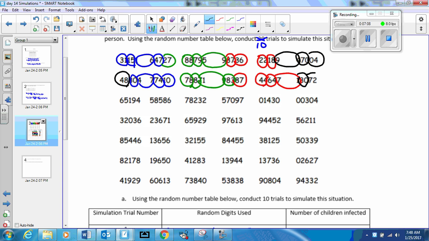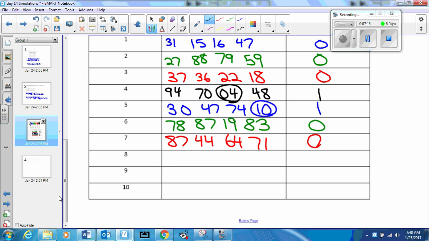Next, 80, 72, 65, 19. Writing down 80, 72, 65, and 19. No children are infected because no numbers in that sample are 14 or lower.